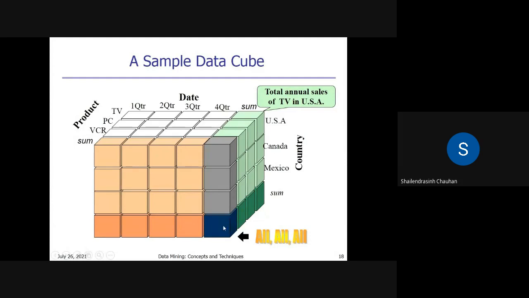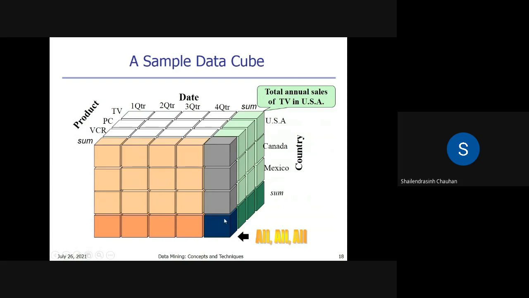This dark blue is representing that in all the quarters, let us say first quarter plus second plus third plus fourth, in all the countries, how many items I have sold? All the items I have sold. That is TVs plus PCs plus VCRs in all the quarters, in all the countries.